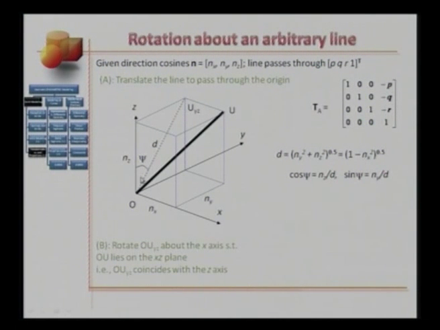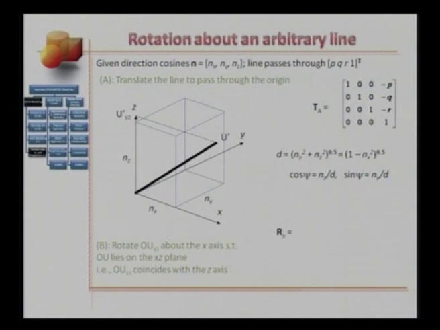Once I rotate this line, OU will lie on the xz plane, and O u_yz will coincide with the z-axis. U prime is the new position of U, and u_yz prime is the new position of u_yz.